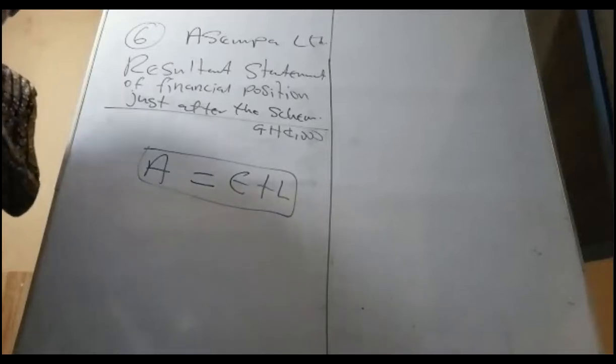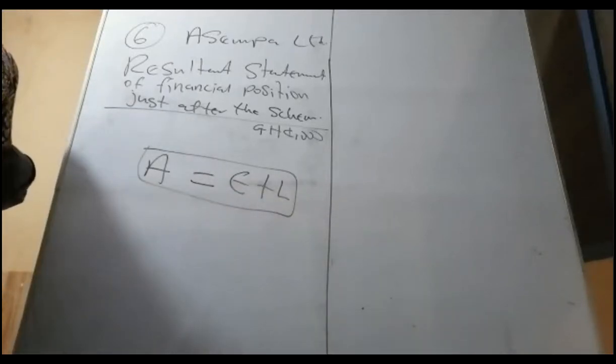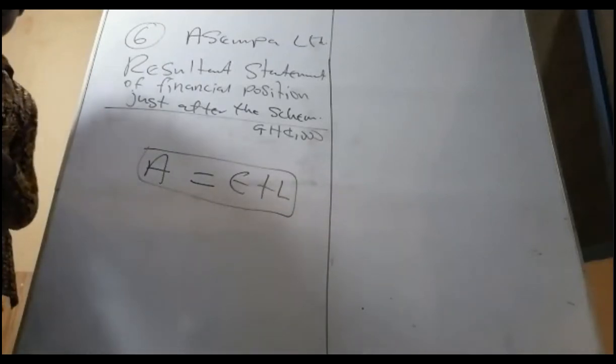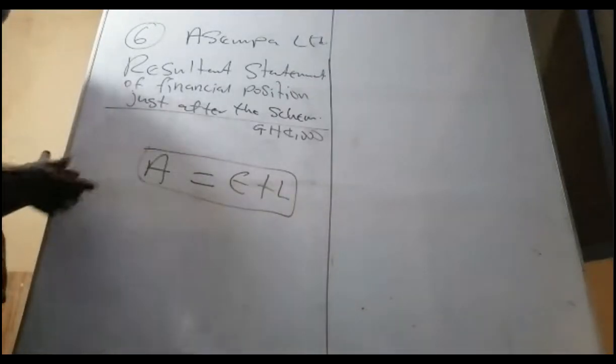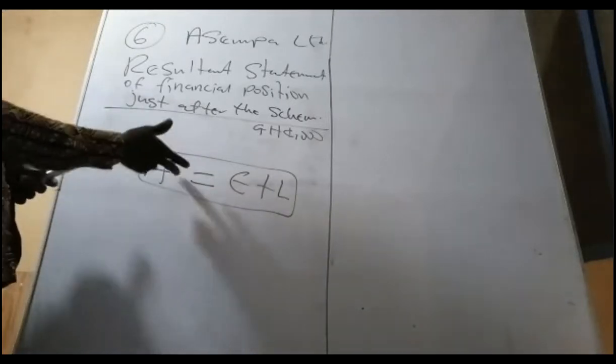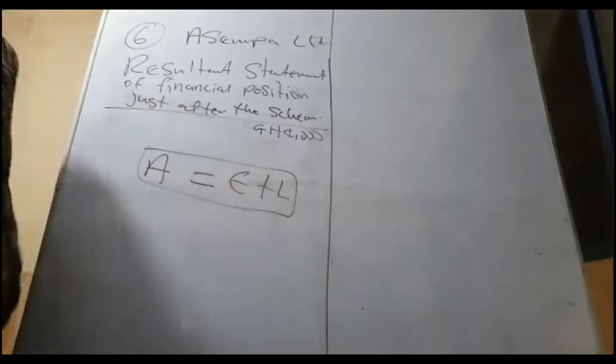Just follow the format that they have in their question. How the examiner stated it, the same way we have to move. But if you are okay with this style, why not go by this and then you are done. So I'll go by this method. All assets must equal equity plus liabilities.